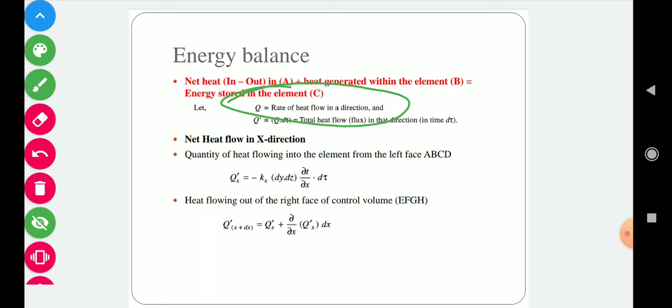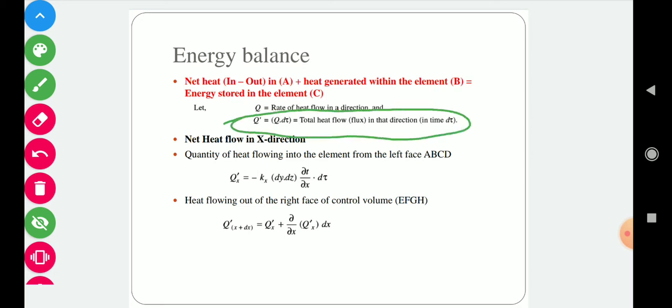If we multiply by time, the seconds cancel out and we get the total amount of heat transferred in that particular time period. So q is the rate of heat flow and q dash is the total amount of heat flow in that particular time period.